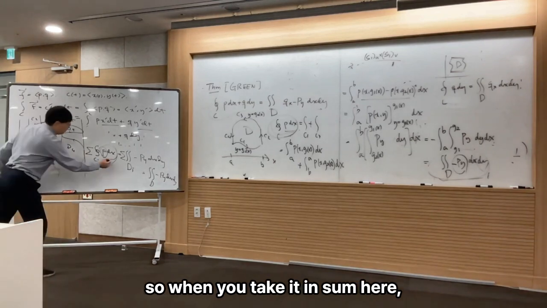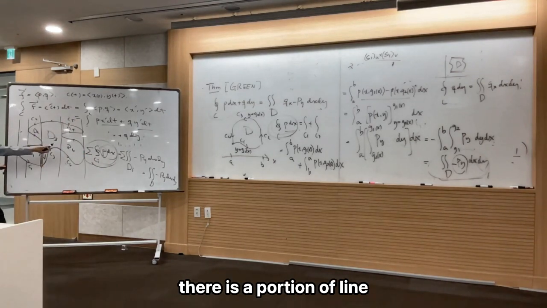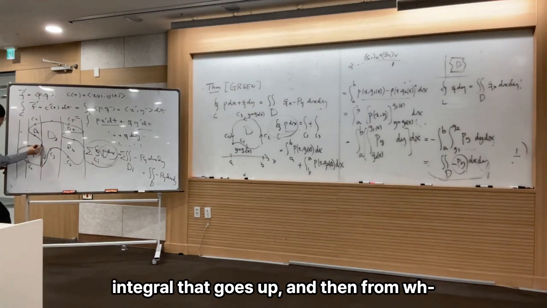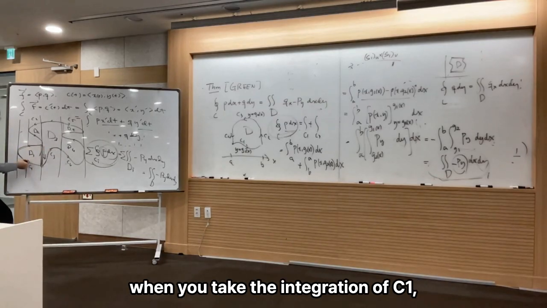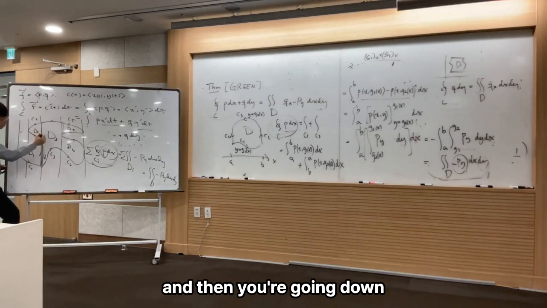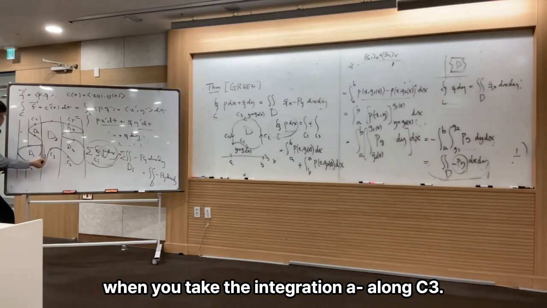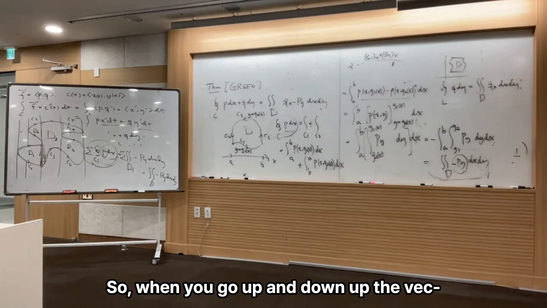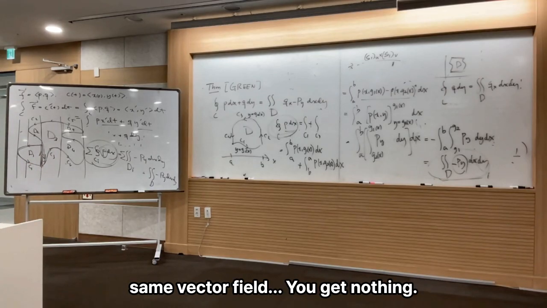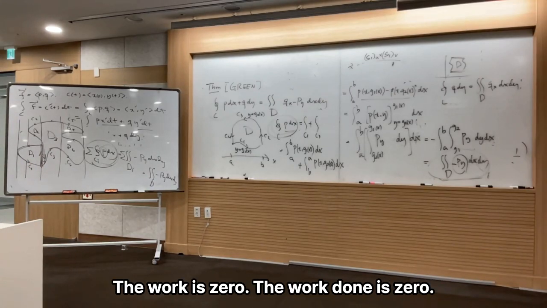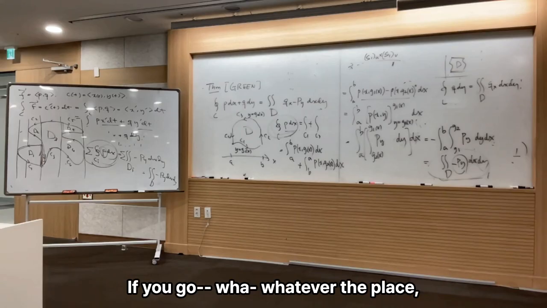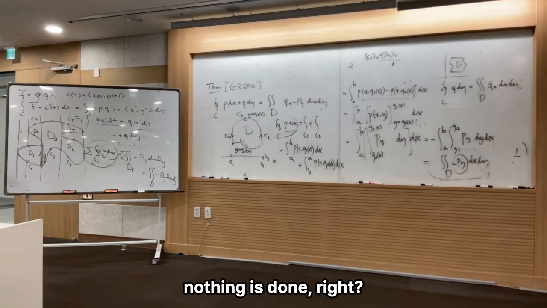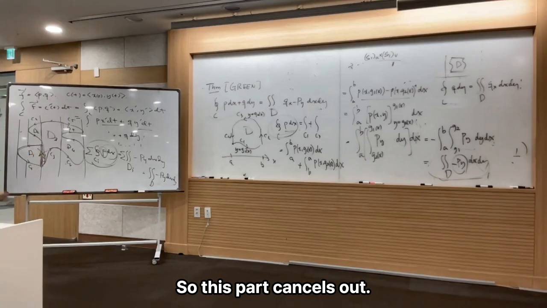So when you take a sum here, there is a portion of the line integral that goes up when you take the integration along C1, and then you're going down when you take the integration along C3. So when you go up and down along the same vector field, you get nothing. The work done is 0. If you go to some place and come back, nothing is done, right? So this part cancels out.